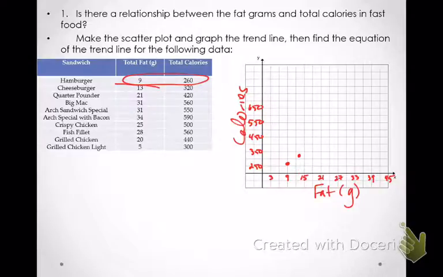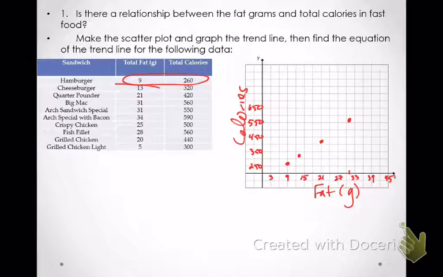Then 21, 420. 21's here. 420 would end up about right here. 31, 560 would put us about right. 31 would be here. 560 would go up and put about right here.